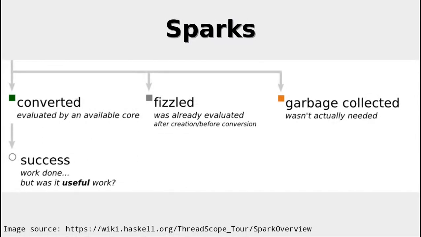And then there is another way that a spark could die, which is that it could be garbage collected. Now, a spark is just some deferred computation. It is some lazy stuff that's happening. Think of the tuple again. What if we have two sparks pointing to a tuple, but then we call first or second on that tuple?